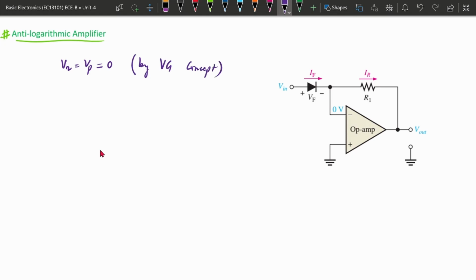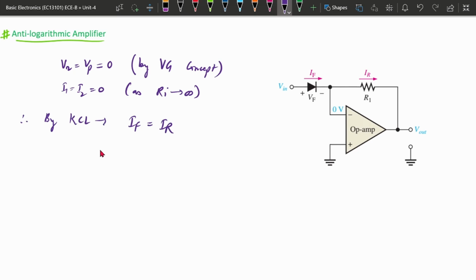This we can get, and also I1 and I2, the current inside the op-amp, will be 0 as our input impedance is considered as infinity. If this is the case, now we can proceed with the KCL. By KCL, IF will be equal to IR.